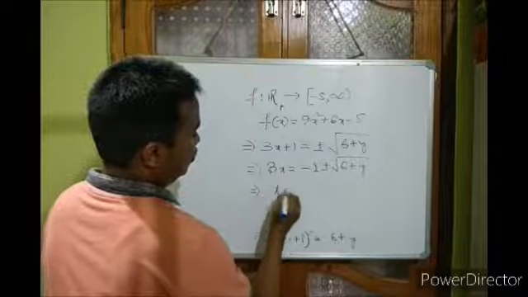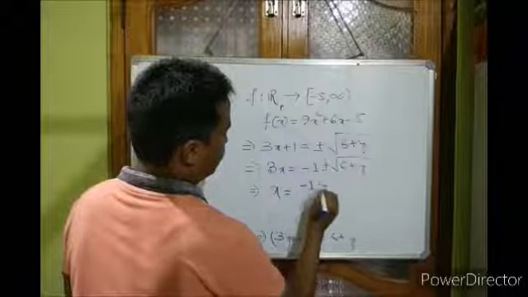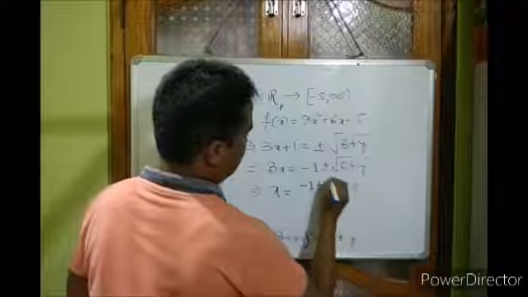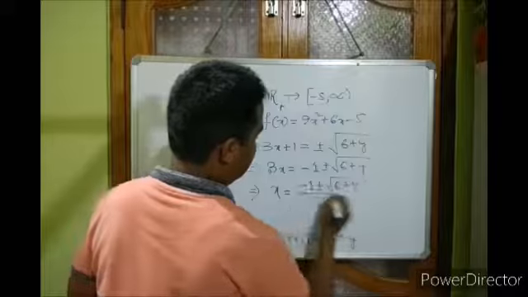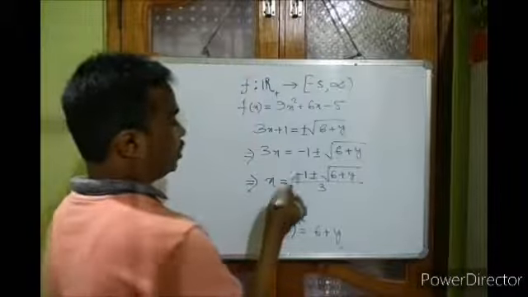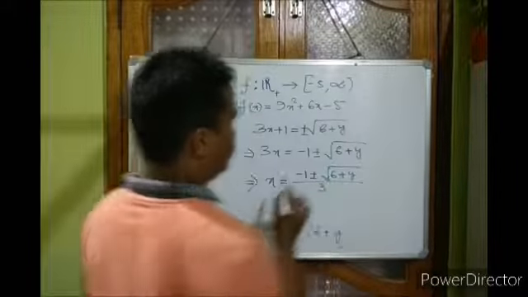So ultimately we have got x is equal to minus 1 plus minus root over 6 plus y divided by 3.